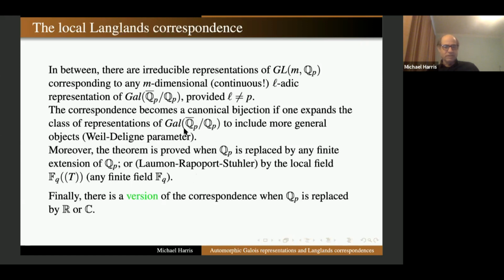We've got the finite extensions of QP, the local fields of positive characteristic, and then the two Archimedean local fields R and C. So there is such a correspondence. We get continuous irreducible representations of the GLM of a local field.